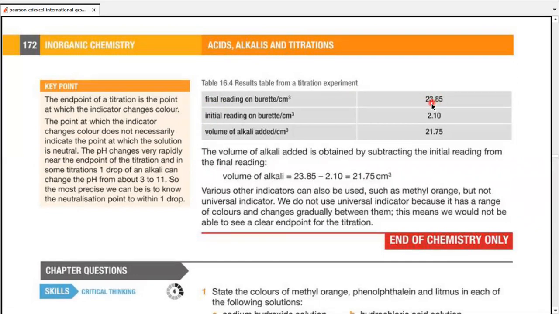If the color change was permanent already, don't use the next reading, use the previous one, this one. And if the color change was not permanent, it changed again, use the next reading. Maybe go for one more drop. Wherever you find it permanent, don't do any more than that. That comes with practice. You understand how to use the drop by drop system and how to note down the proper color change.